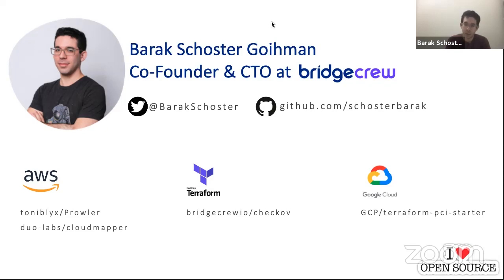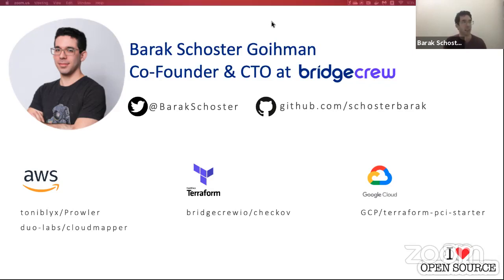In my previous roles, I used to create machine learning algorithms over data science of OS data and network data. If any of those areas interest you, you can ping me on Twitter, see these projects on Slack, or on GitHub. If you look for me on Twitter, it's Barak Shuster Kamokes.